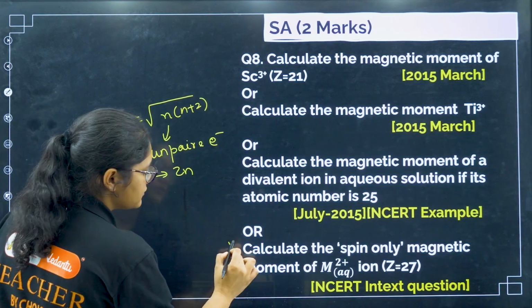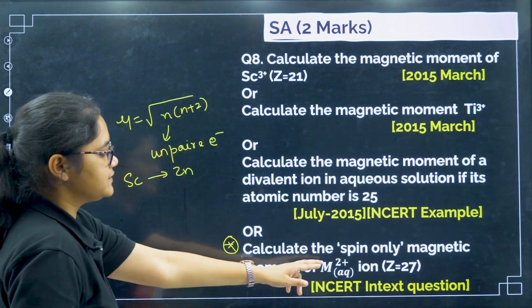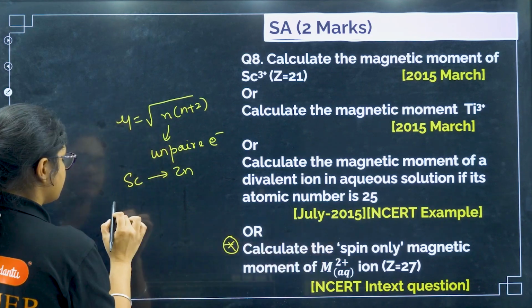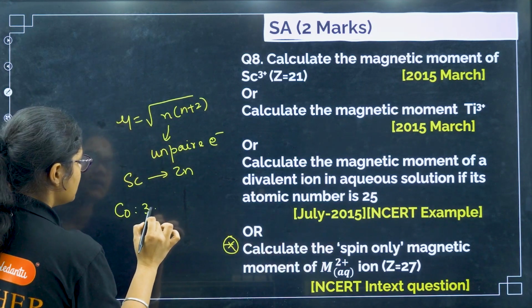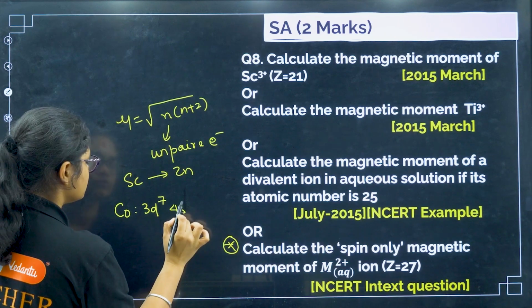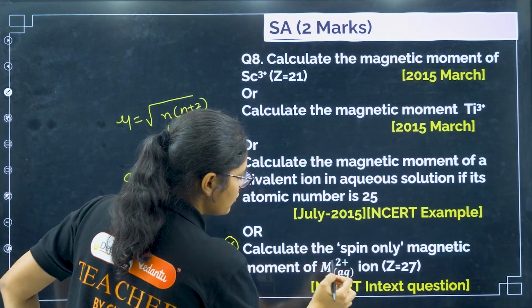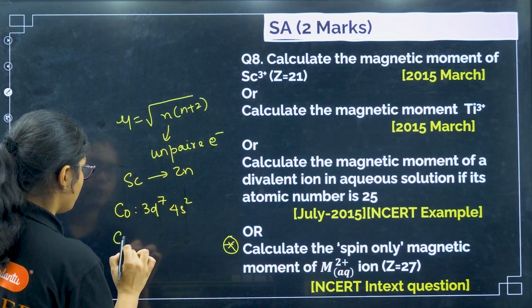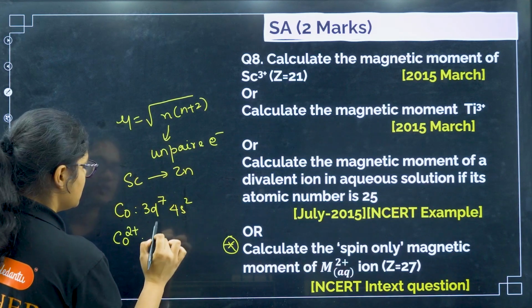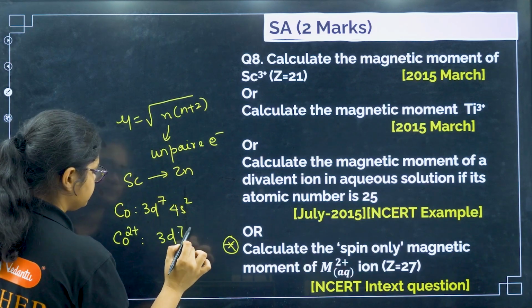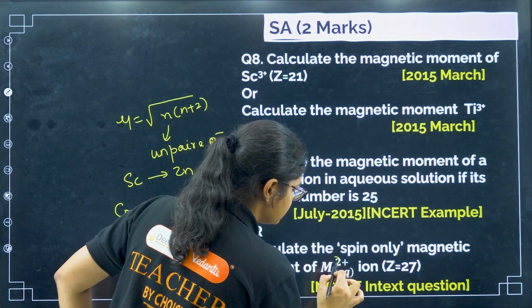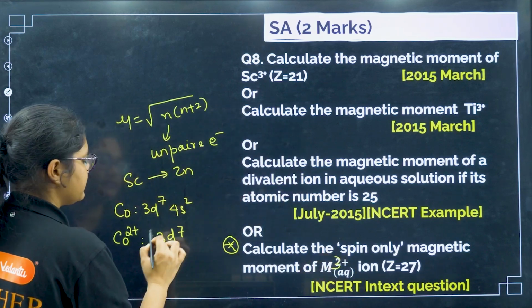I'll do this first question. This is important. You can see Z is 27, that means it is cobalt. Cobalt is 3d7 4s2. Now it is 2 plus, so cobalt 2 plus is 3d7.